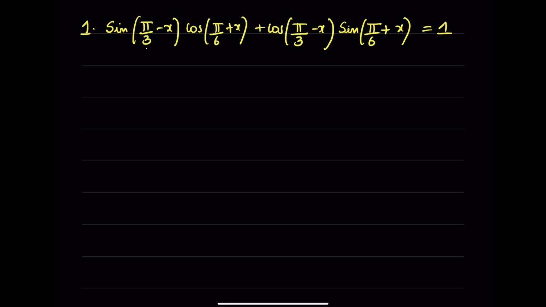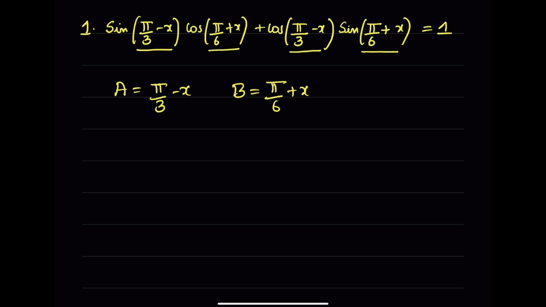So if you notice here, sine of pi by 3 minus x exists as well as cos of pi by 3 minus x exists. So we can consider angle A to be pi by 3 minus x. Similarly, cos of pi by 6 plus x is available as well as sine of pi by 6 plus x is available. So we can consider B to be pi by 6 plus x.